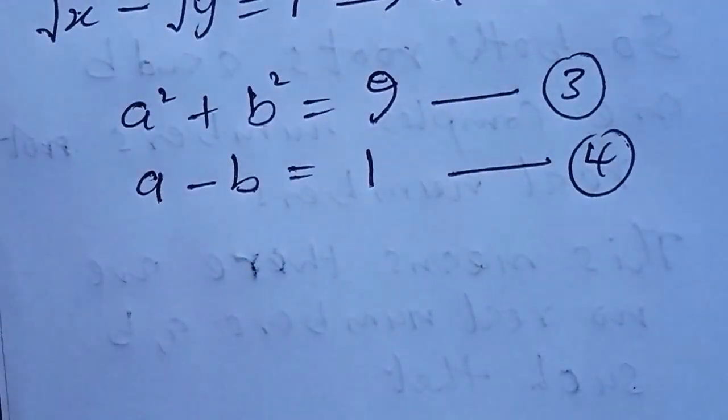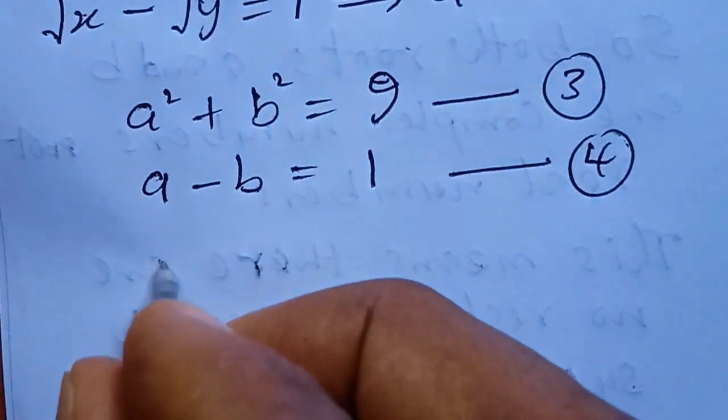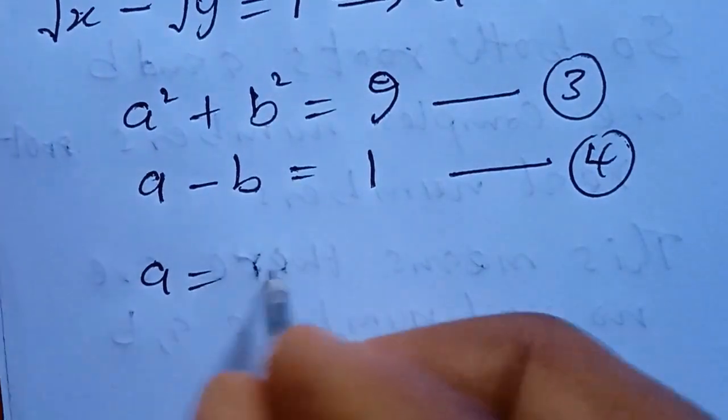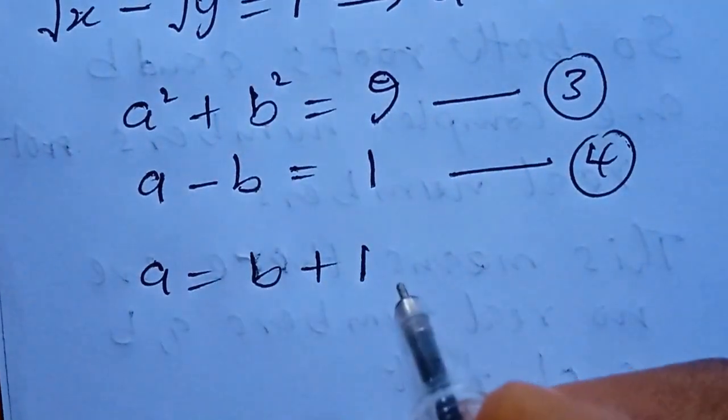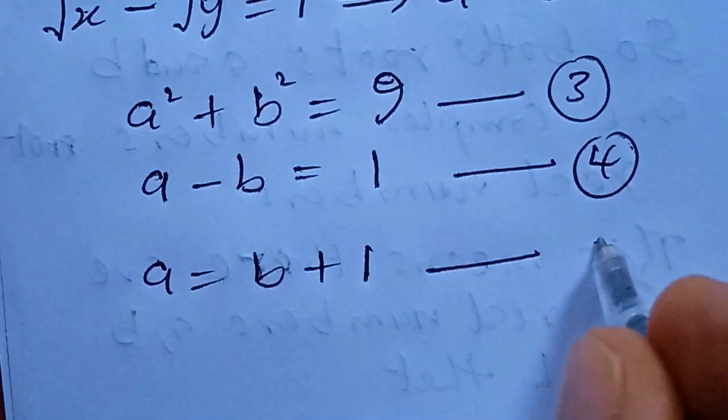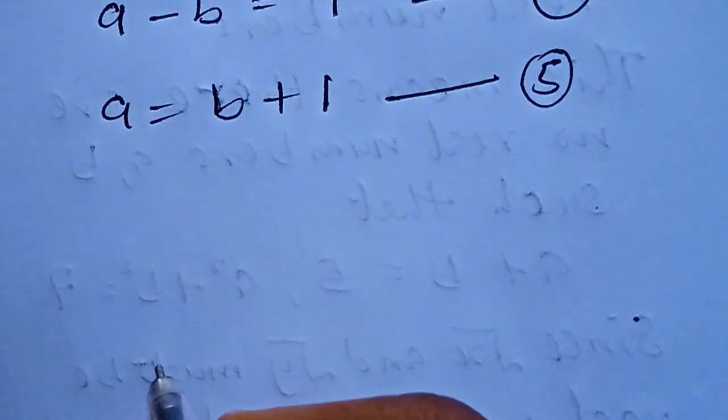So from equation 4, we have that a will be equal to b plus 1. Let's term this equation 5. Then we substitute this value into equation 3.